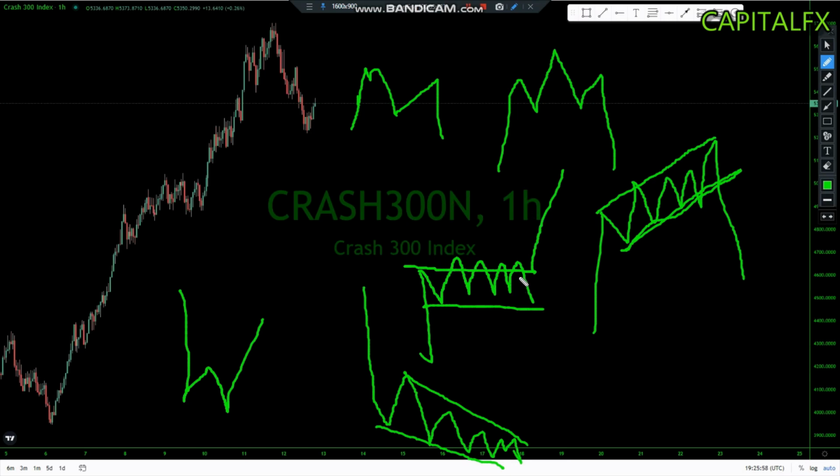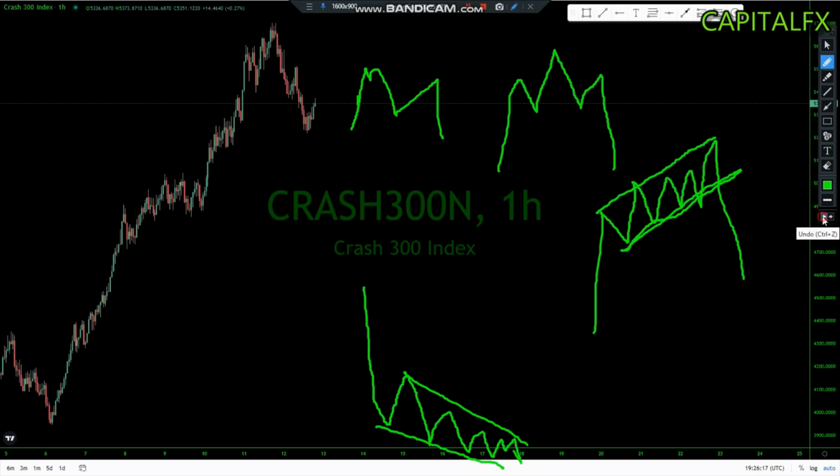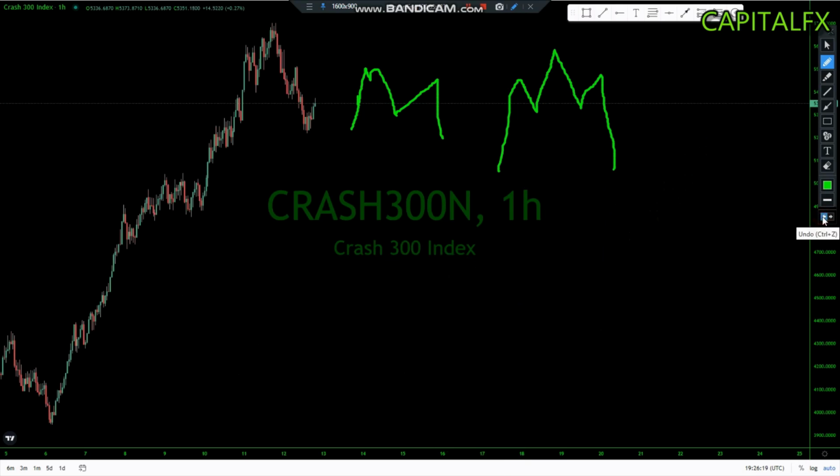This one is in the group of continuation patterns. The reason they call it a continuation pattern is that it will come from down, and after coming from down, it will do something like this, consolidation, and it will shoot up. That is continuation. It will continue the journey. So this is one of the important patterns you need to know in boom and crash.